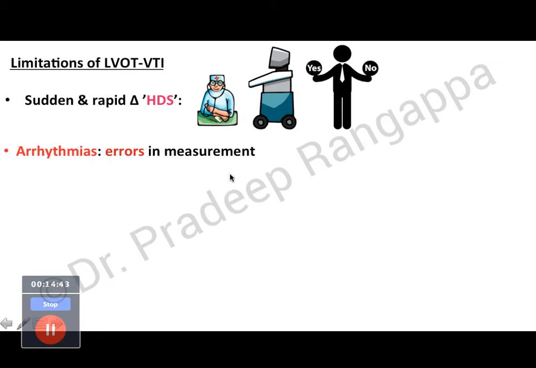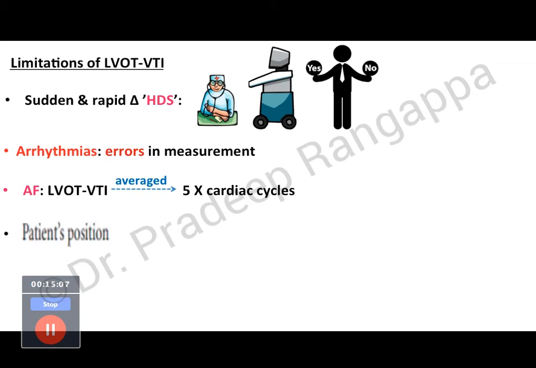And if your patient has arrhythmias, which our ICU patients commonly tend to have, there can be errors in measurement. If the patient has atrial fibrillation, LVOT-VTI has to be taken across 5 cardiac cycles and averaged to determine the right value, which can be problematic.